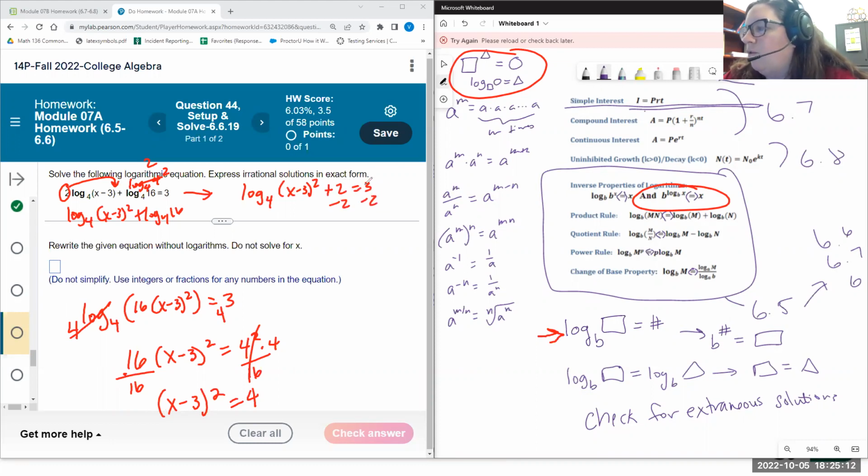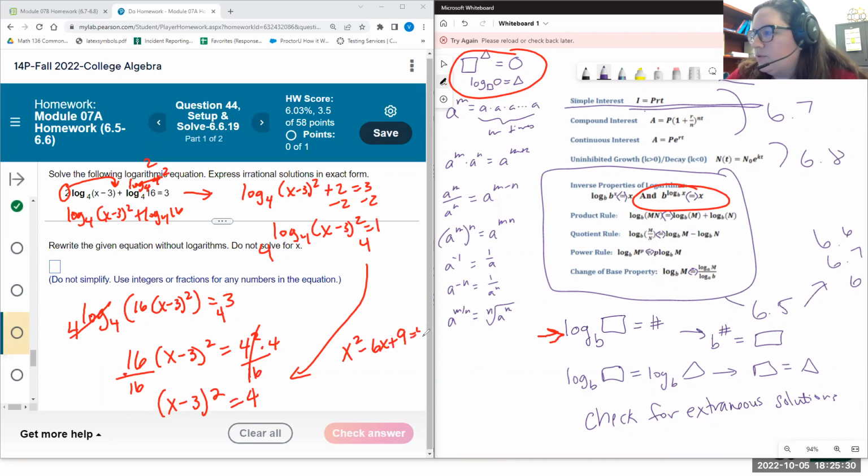You move the 2 over, and you get log base 4 of (x minus 3) squared equals 1. Then you get (x minus 3) squared equals 4. Either way, this becomes x squared minus 6x plus 9 equals 4.